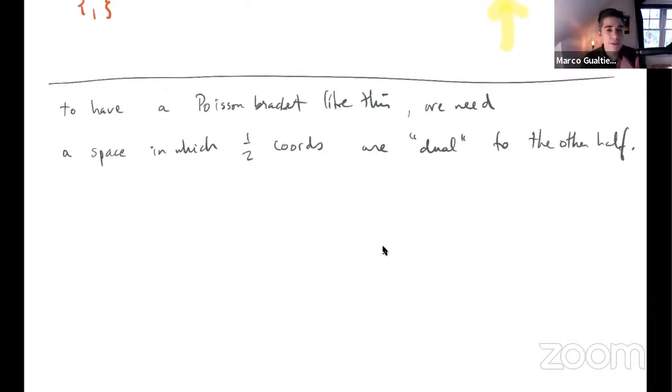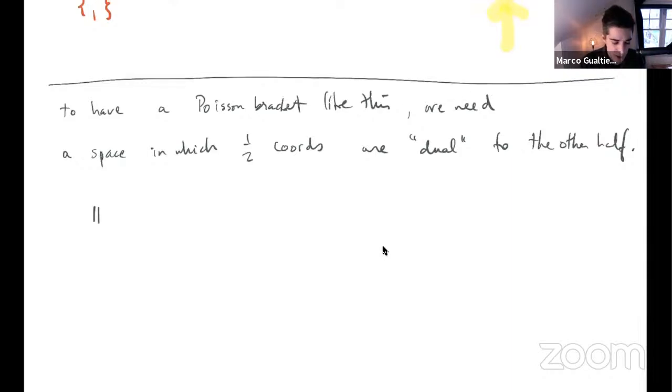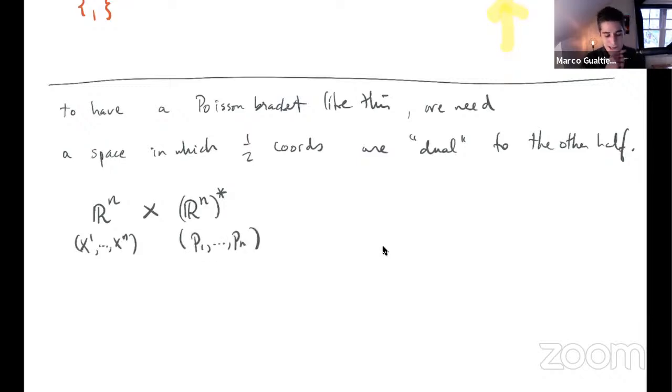To give an example, what you could do is take Rn and take the dual of Rn and take their product together. And you could let the coordinates here be x1 up to xn, and let the coordinates here be p. What I mean here is that these are dual. You can think of them as bases and dual bases.